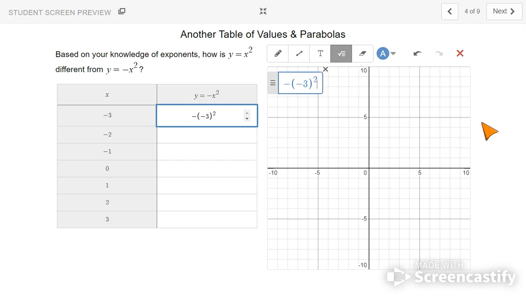According to order of operation, I need to do my exponent first. So I have negative times -3 times -3. That simplifies to negative times +9. And when I expand that, we get -9.